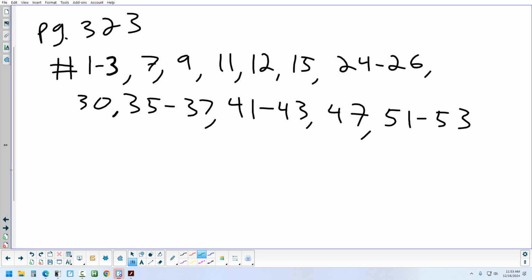Classifying if an angle is acute, obtuse, complementary, supplementary, finding coterminal angles, convert between degrees and radians exact, degrees and radians decimal, radians and degrees exact, radians and degrees decimal. So there's a little bit of everything we did. Okay, so homework is on 323, and we'll take a look at that tomorrow.